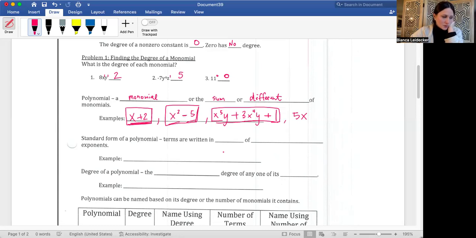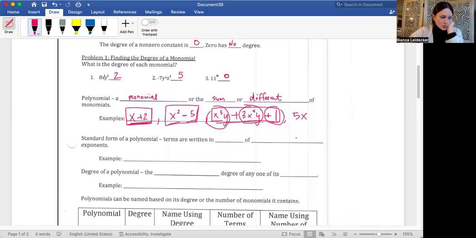So standard form of a polynomial. Really what this is saying is how do you write your polynomials in a uniform way where everyone writes them the same way? If you've got a set of terms, like 3 separate monomials that you're grouping together, how would you write this out so it's uniform, where everyone who's writing those specific terms will write them in the same format?